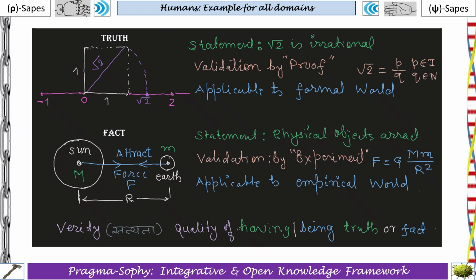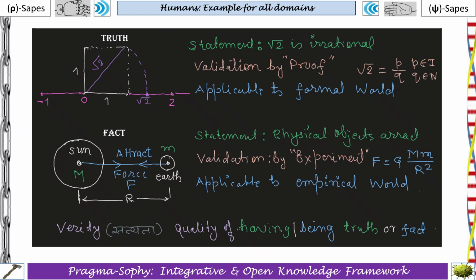Through countless observations and precise measurements, they formulated Newton's law of universal gravitation, which is stated as F equal to G multiplied by capital M multiplied by small m upon r square, where capital M corresponds to the mass of the sun, small m corresponds to the mass of the earth, and r is the distance between them.